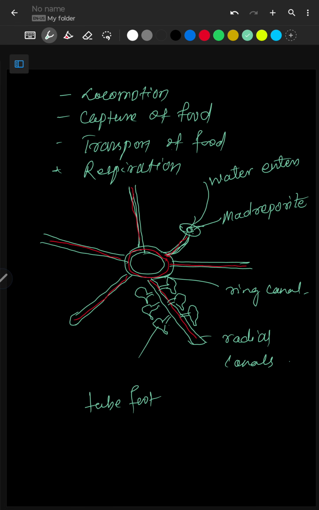Single is tube foot and plural is tube feet. As a result, they can locomote, and also they capture the food due to the circulation of the water. So this is what is called your water vascular system.